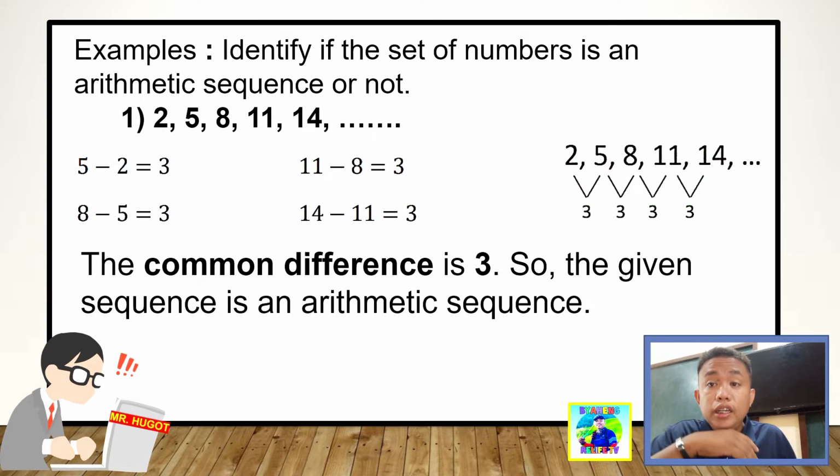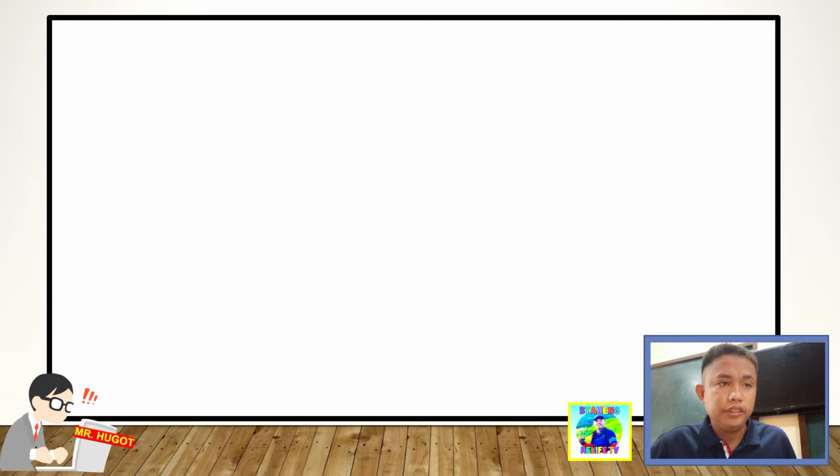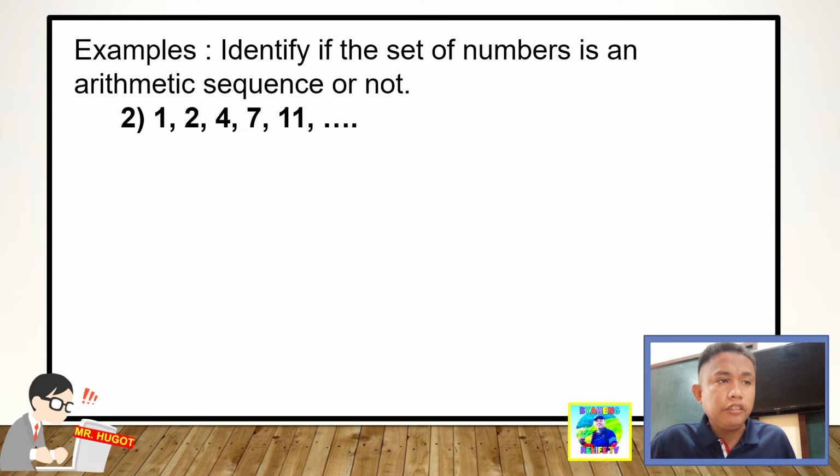So, definitely, the reason why we're talking about arithmetic sequence is that we have a common difference sa kanila. At kapag minus mo sila, may common difference, automatic sila po ay arithmetic sequence. Let's continue with number 2. Is that an example of an arithmetic sequence or not?